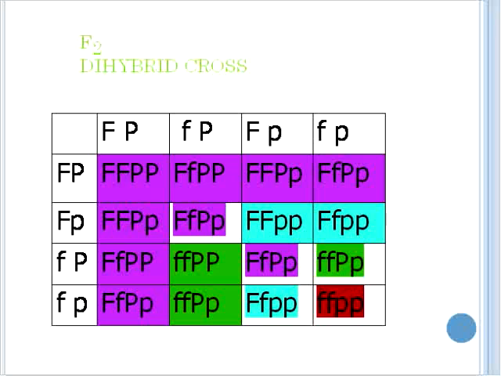This 9 to 3 to 1 ratio is characteristic of all dihybrid two-trait crosses between 2 heterozygous individuals.